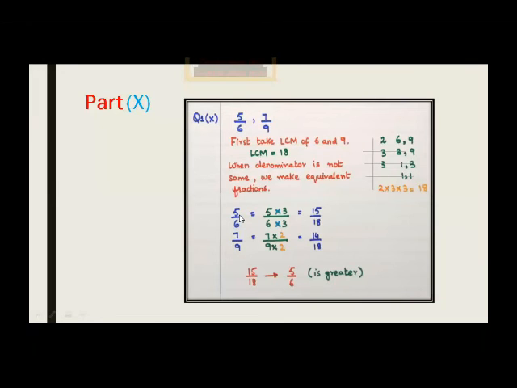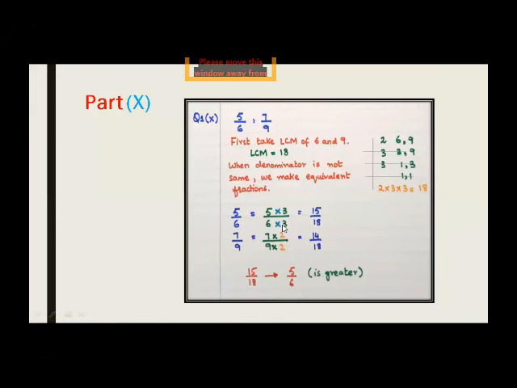Now, tell me the number. When you multiply this 6, you will get 18, meaning this is the LCM. Now you have to make this 18 in the denominator. So first, you will multiply this 6 by which number to get 18? Yes, you will multiply 6 with 3 to get 18. 6 3s are 18.